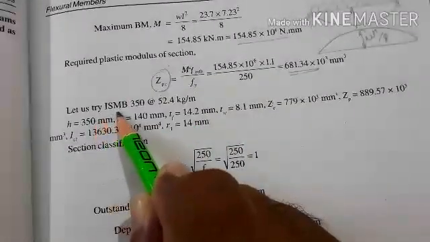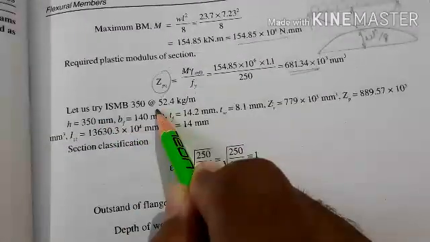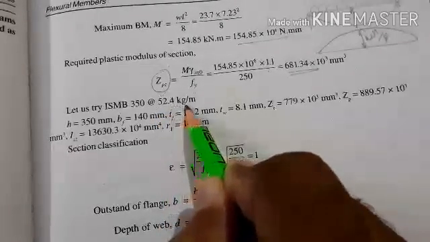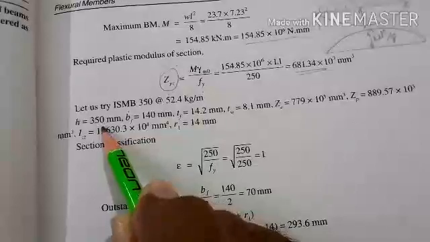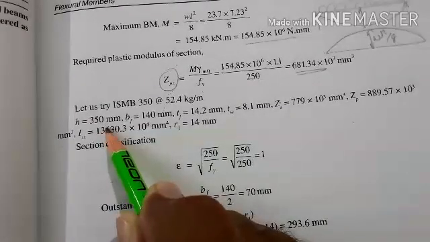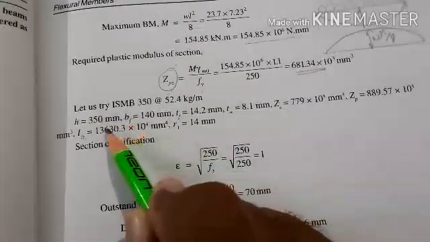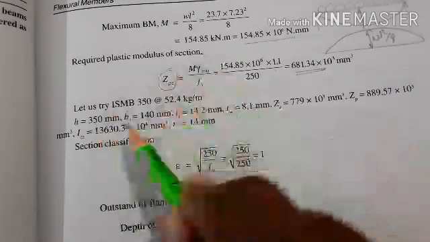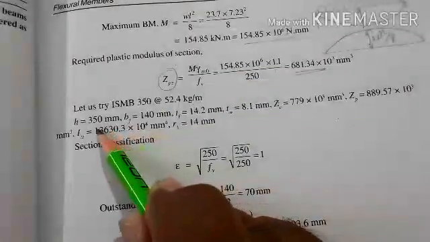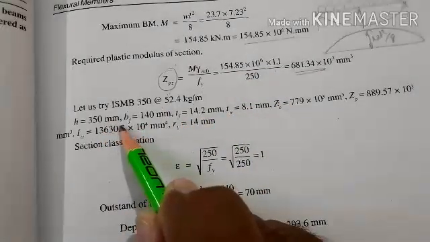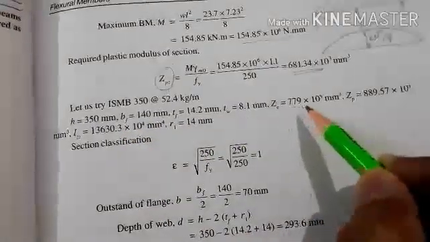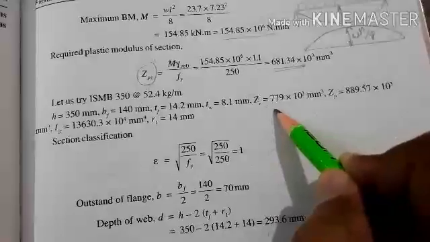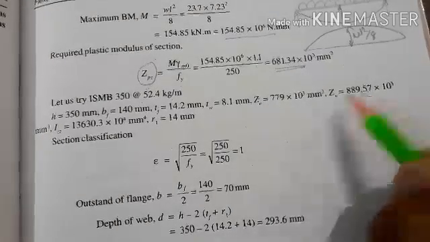So let us try ISMB 350 at 52.4 kg per meter, and the properties of this section: depth will be 350 millimeter. Note it down. Take all the properties from the code or the steel table and note them: width of the flange, thickness of the flange, thickness of web, then the elastic section modulus and the plastic section modulus.